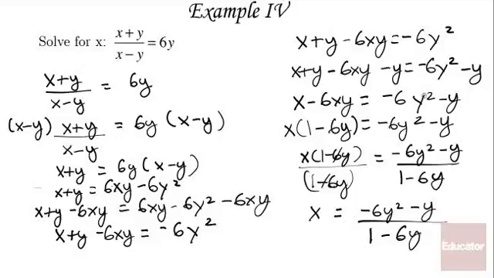At that point, I got about as far as I could get without using factoring. So then I factored the x out of this expression, which allowed me to divide both sides by 1 minus 6y. That canceled those two terms out and isolated the x on the left and gave me my final answer.